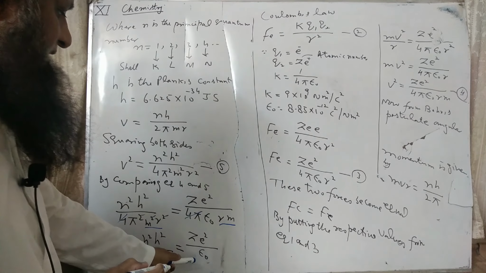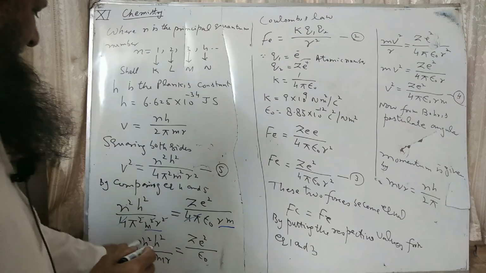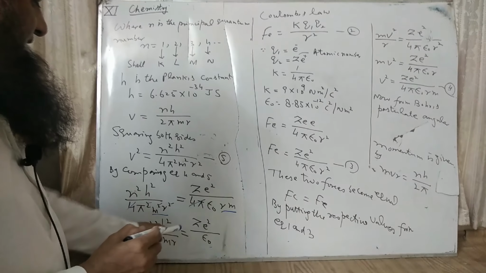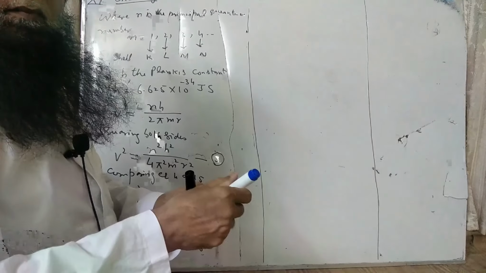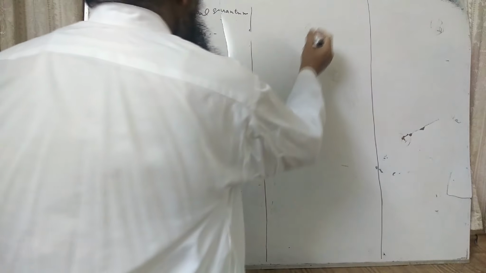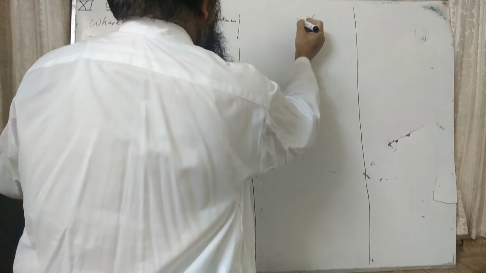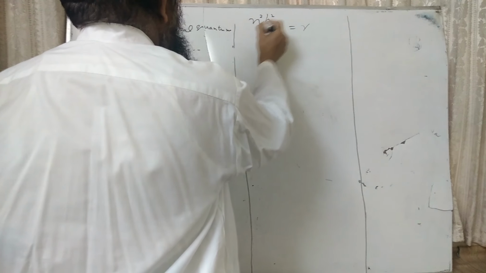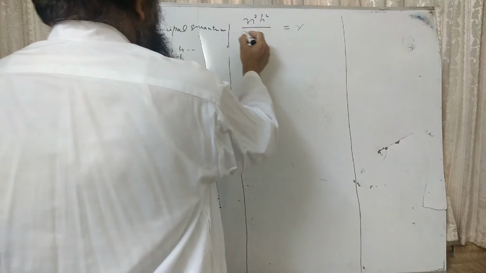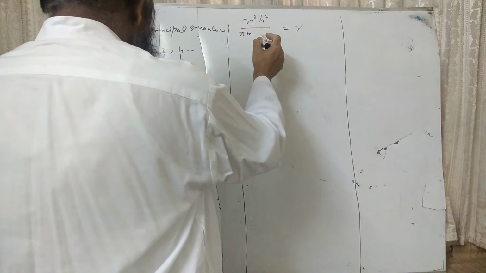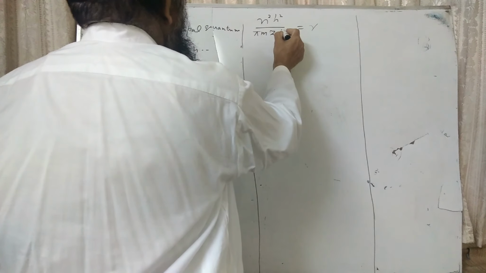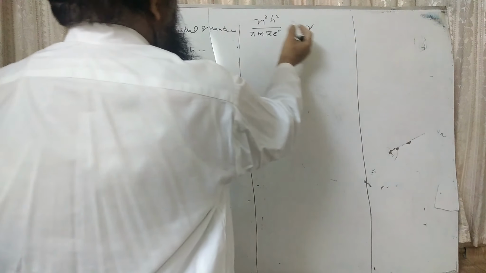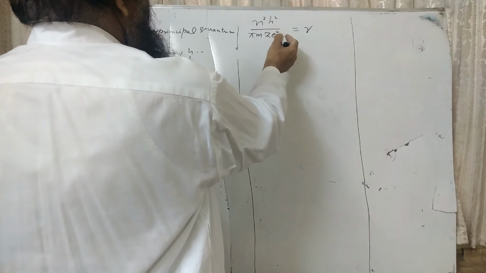Rearranging this equation, r is equal to n square h square over pi m z e square.